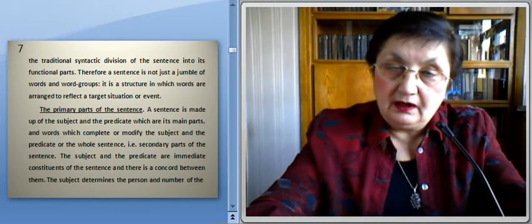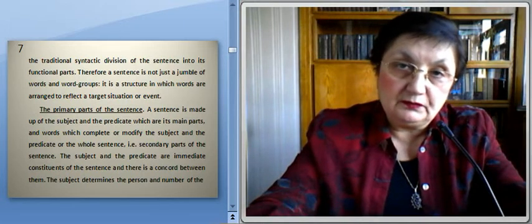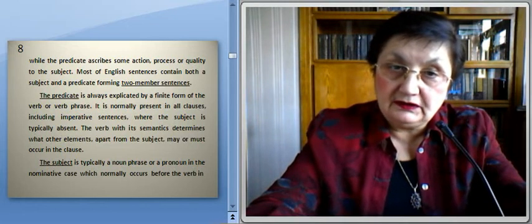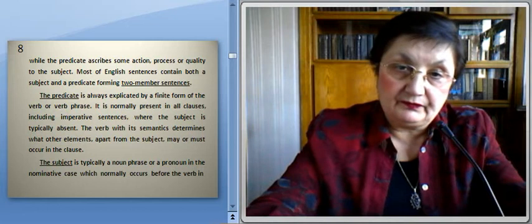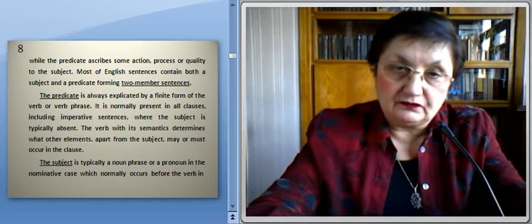The subject determines the person and number of the predicate, while the predicate ascribes some action, process, or state to the subject. Most English sentences contain both a subject and a predicate, forming two-member sentences.